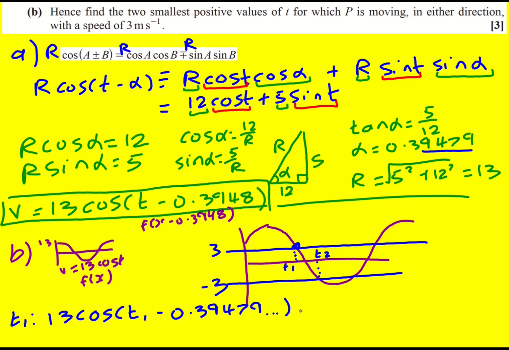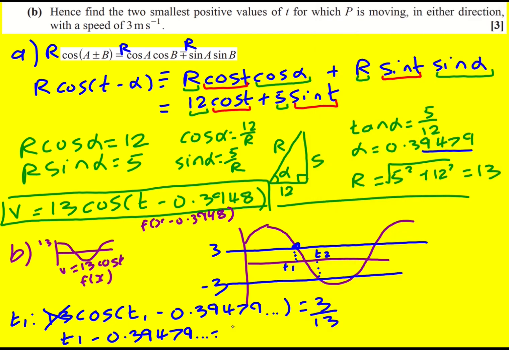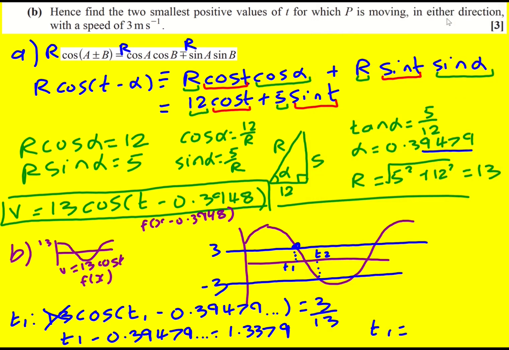We can divide through by 13, and then do inverse cos of that. 1.3379. Okay, so t1 is 1.73.